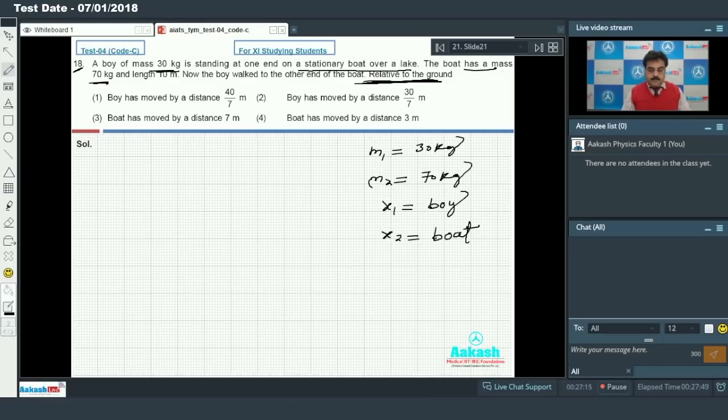Okay. So if I go for the position of center of mass, we'll write M1 X1 plus M2 X2 divided by M1 plus M2.